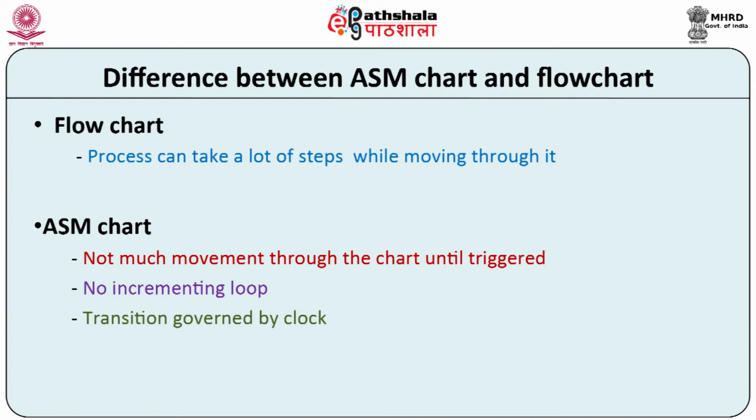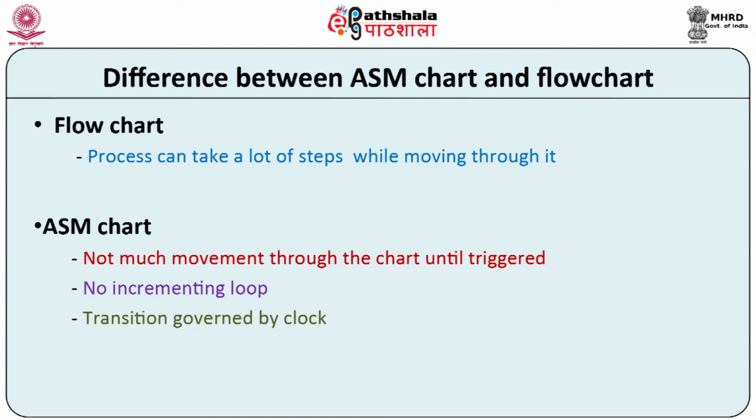In a flow chart, the processes can take a lot of steps when the program would be moving through it. With an ASM chart, there would not be much movement through the chart until something triggers it to move, such as someone pressing the button in the system.